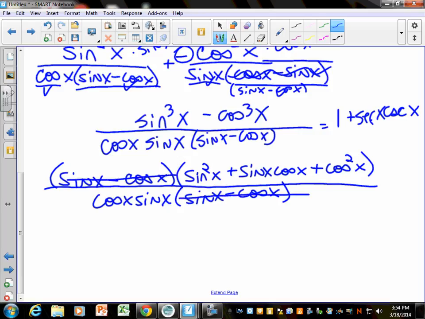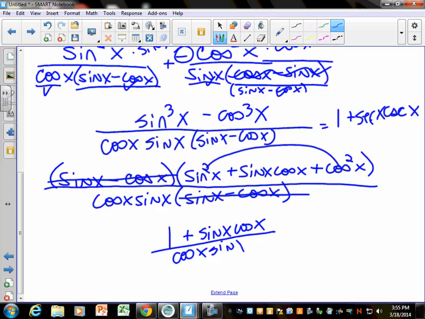This is going to cancel out with this. And again, look what I have left in the top. I see my favorite sine squared plus cosine squared that I can add together. So that's going to become 1 plus sine x cosine x over cosine x sine x equals 1 plus secant x cosecant x.